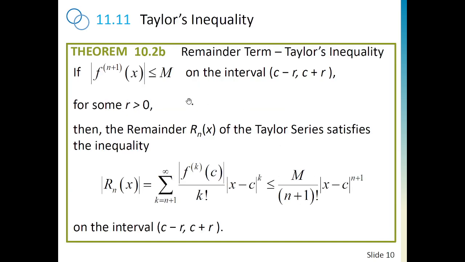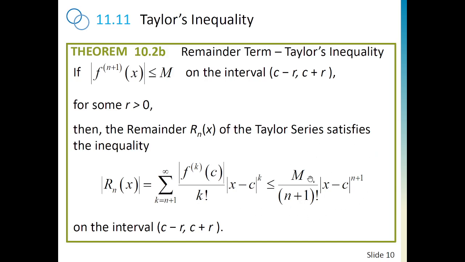Another version that is maybe more convenient and that we are going to use more often is this one called Taylor's inequality. So if we can find an upper bound for the derivatives on a certain interval centered at c, obviously, then we have the following result. The absolute value of the remainder is smaller than this expression here.